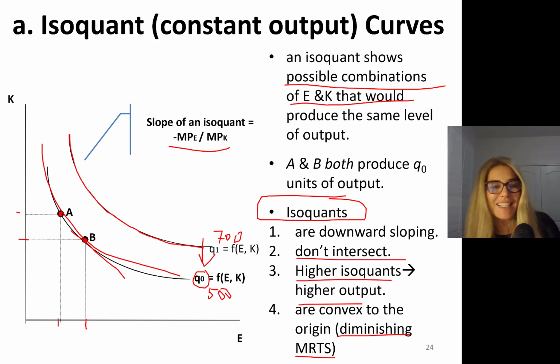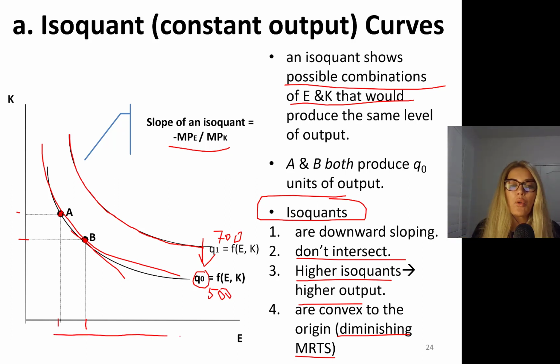What does it mean? As I am employing more and more labor, the marginal product of labor is going to go down. So the slope of the isoquant will become flatter. At the same time, the marginal product of capital is going to go up.